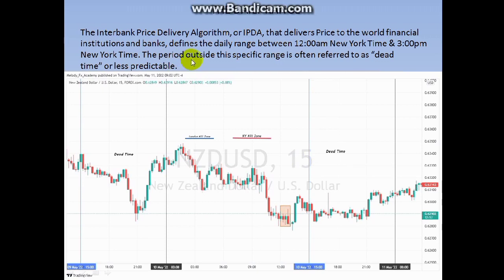The period outside this specific range is often referred to as dead time, or less predictable. In other words, the expected time as an intraday trader to be in and out of the market is between 12 and 3 p.m.